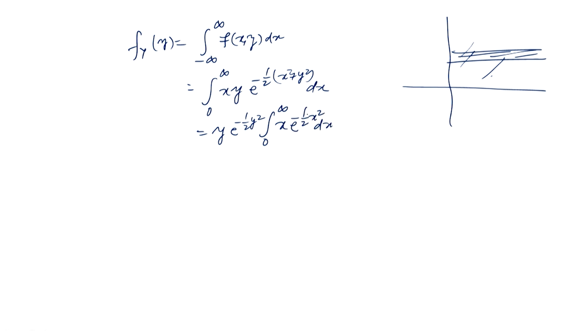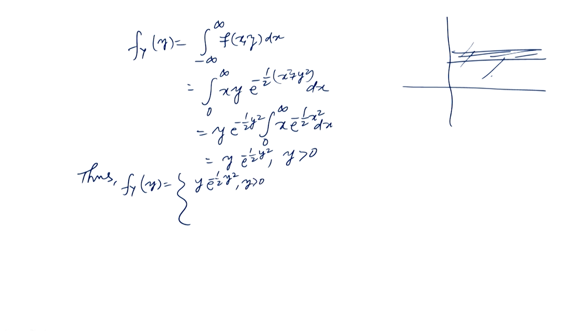This we have just now seen comes out to be 1. So, this is y times e to the power minus half y square, valid when y is greater than 0. Thus, f_Y(y) is equal to y e to the power minus half y square when y is greater than 0 and 0 otherwise.